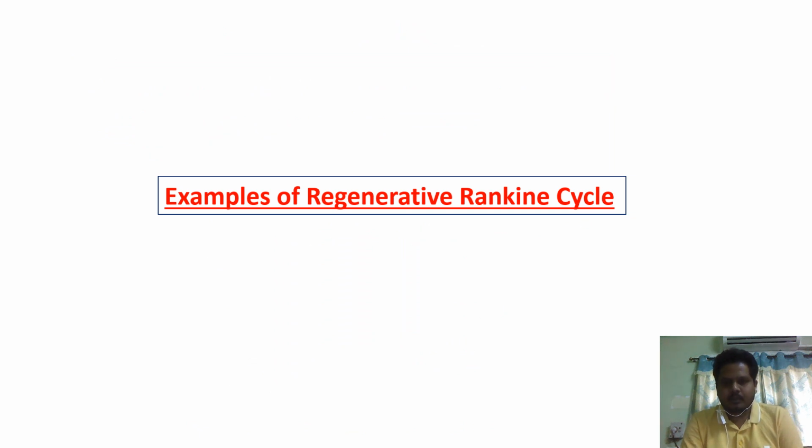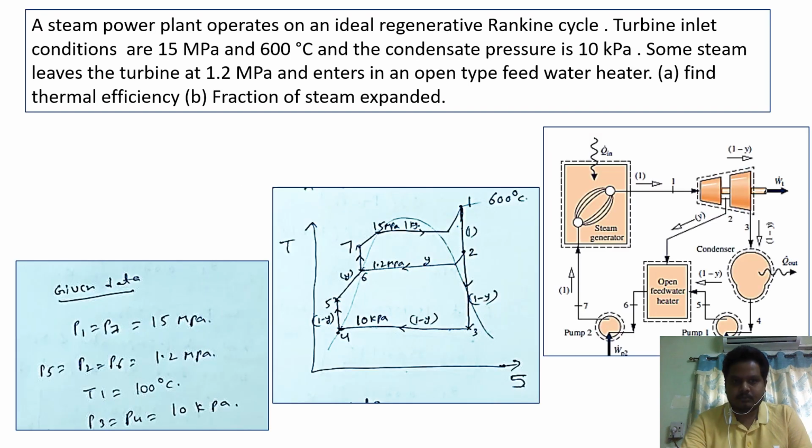Now let us solve a couple of problems on regenerative Rankine cycle. Let us see the first example. A steam power plant operates on an ideal regenerative Rankine cycle.